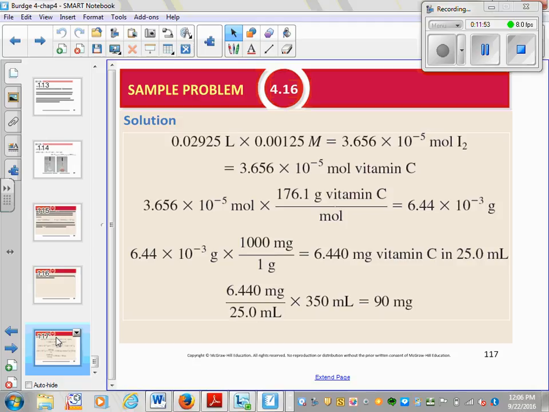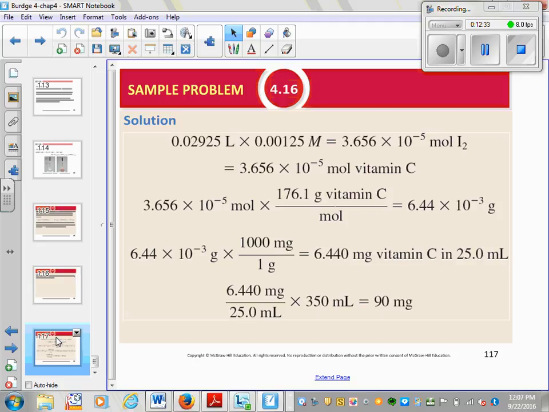So you remember when we do titrations, it was the molarity of the H plus times the volume of the H plus is equal to the molarity of the OH minus times the volume of the OH minus. Well, this is for acid-base, but I could change this to be the molarity of the iodine times the volume of the iodine is equal to the molarity of the ascorbic acid times the volume of the ascorbic acid.